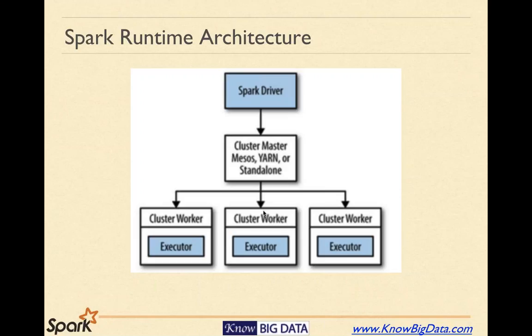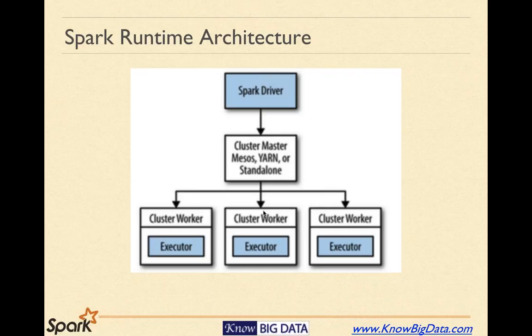So it's the driver which executes your main program and takes up parts of it and sends it to the worker. Now, Spark driver talks to the cluster manager. The cluster manager could be the Mesos, Yarn, or standalone. Okay, any of the three things.